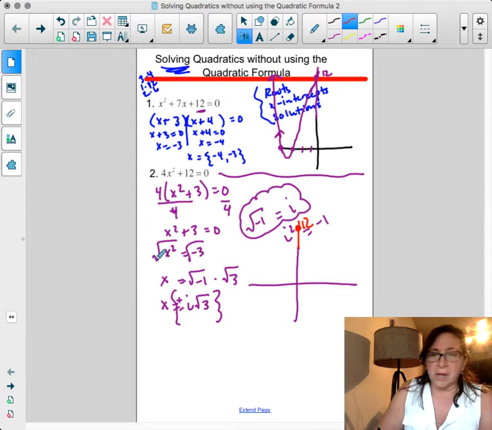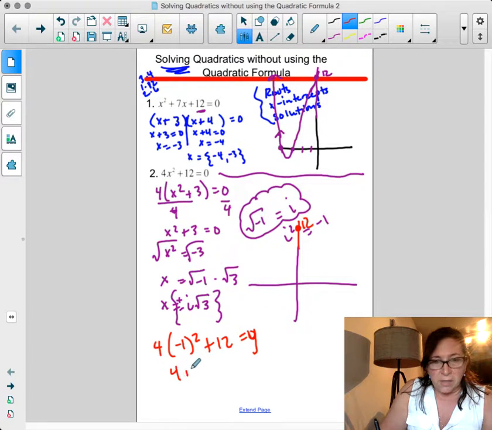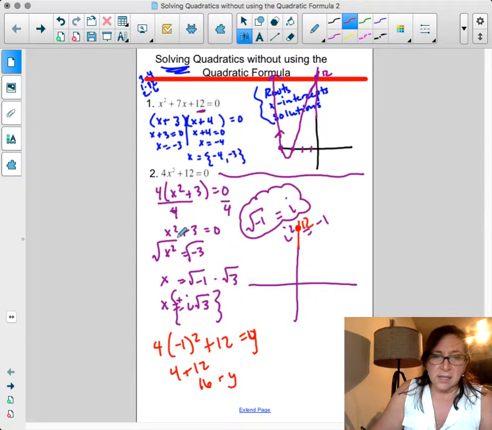So let's just plug in negative 1 and see what's happening at negative 1. So 4 times negative 1 squared plus 12, and I'm going to say that equal to y. So this is going to be 4 plus 12, which is 16. So that means when x is negative 1, y is 16.